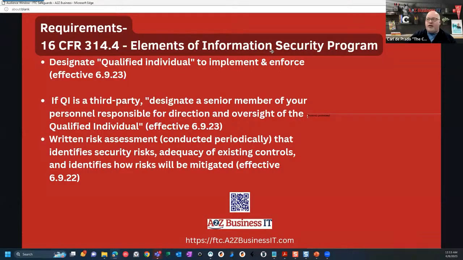What they're going to do is write a written risk assessment periodically, usually at least twice to four times a year. They're going to be able to identify controls and create a plan for how things happen, as far as if there's risks, what are the plans to mitigate them?